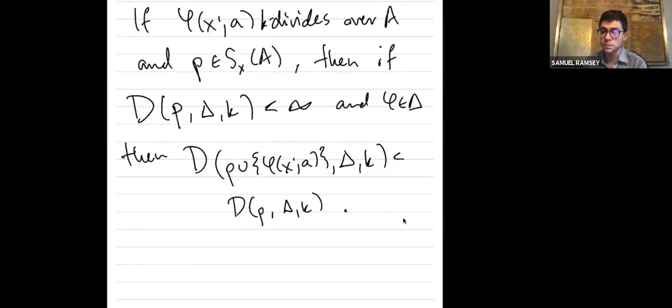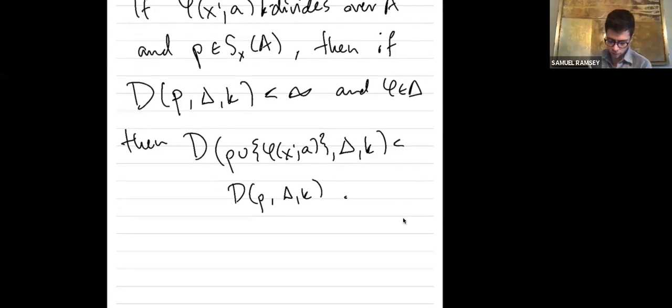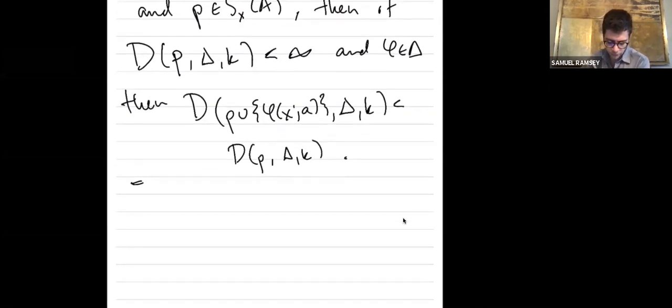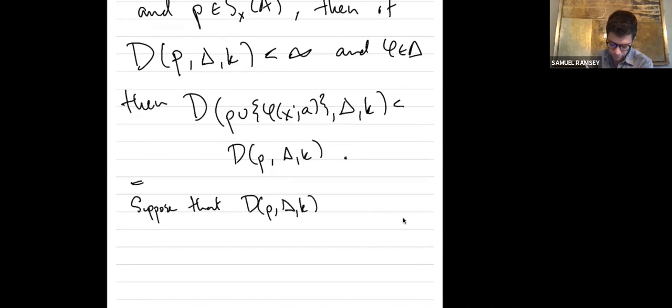All right, let's think about why. Well, the point is just that you could suppose that dp, delta, k is equal to alpha for some alpha.